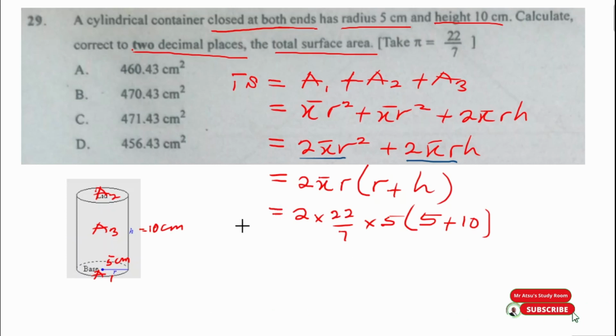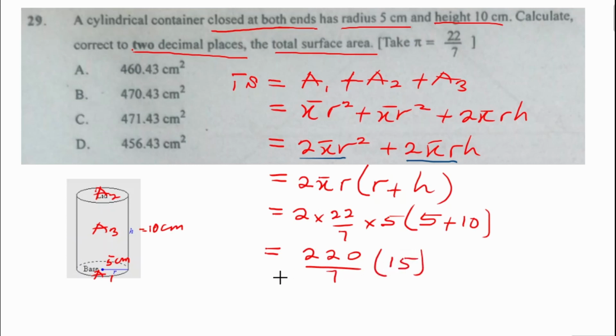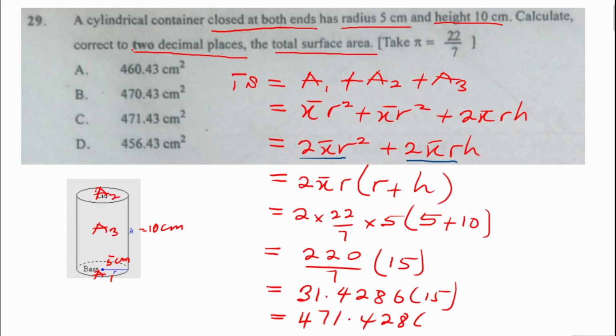Simplifying further with our calculator, we're going to have 220 over 7 multiplying 15. And when we work that further, we're going to have 31.4286 multiplying 15. Or you just go ahead to put the whole of this into your calculator, or even the whole of this into your calculator, whichever, to get 471.4286.